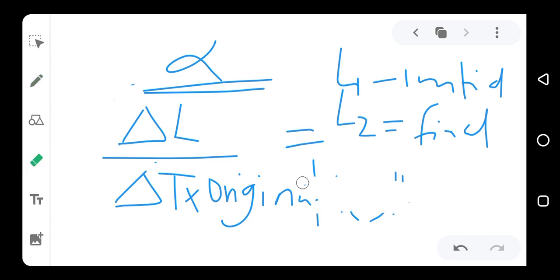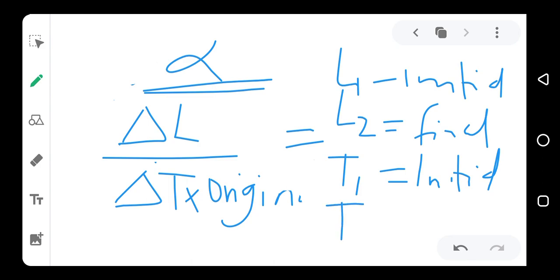And we have T1 as the temperature of the object before you heat it, initial temperature, and then T2 as the temperature of the object after you've heated it.